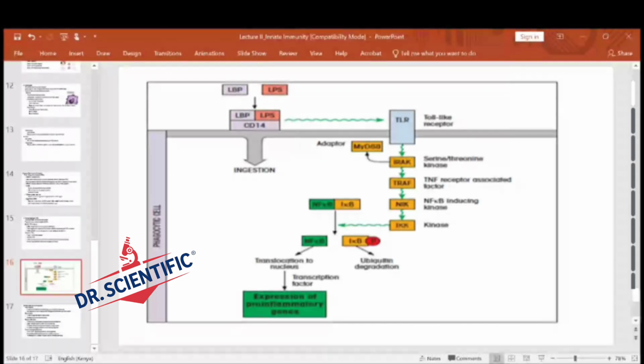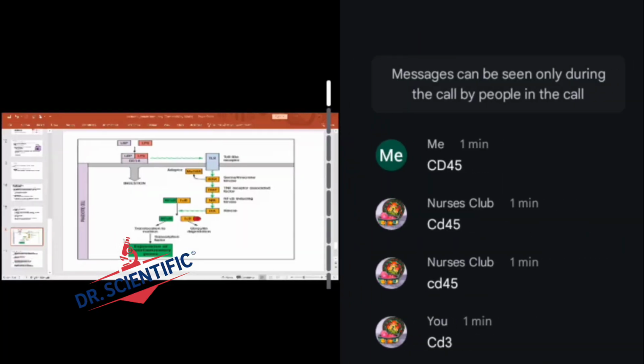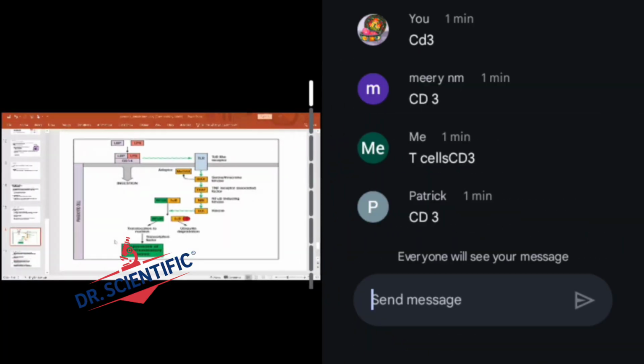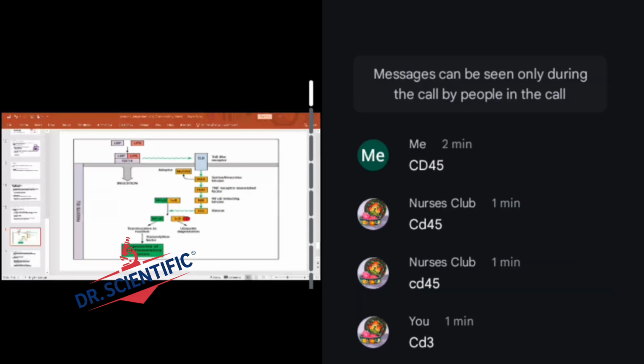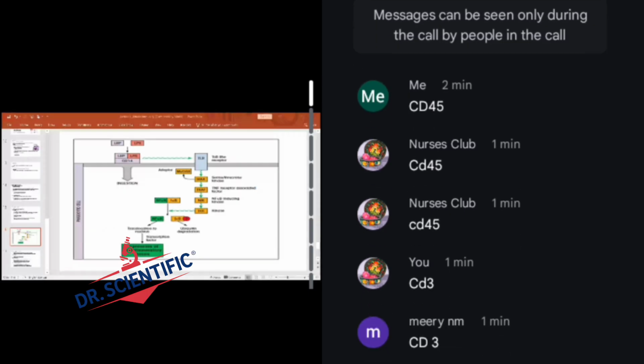Now, from my explanation, is lipopolysaccharide from a gram-positive bacteria or a gram-negative bacteria? I know you're going to deal with this, especially when you're doing microbiology in detail, but now, is it gram-positive or gram-negative?